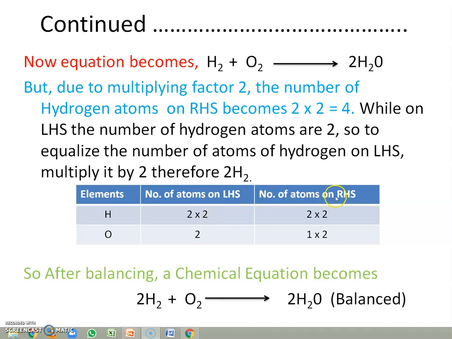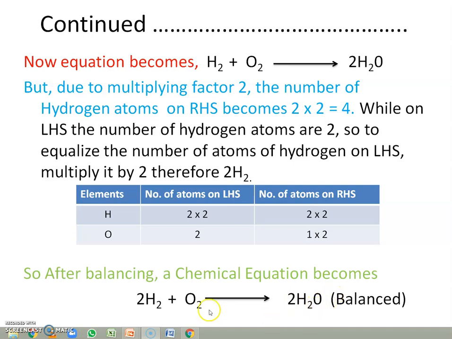Again the number of atoms on the right hand side becomes 2 into 2. Similarly, the number of oxygen atoms is 2 on the left hand side, and on the right hand side it becomes 1 into 2. Now after balancing, the chemical equation becomes 2H2 plus O2 gives 2H2O.